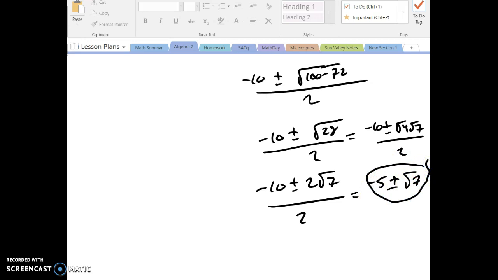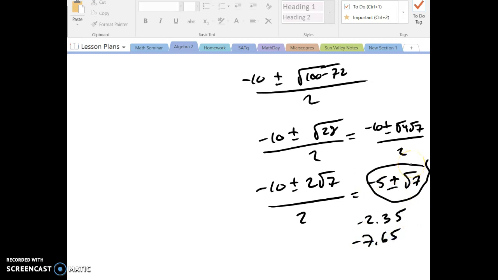So if I was going to use this on my paper and I was going to try to work backwards, I'd actually just put this in the calculator. So I would find the decimal. So it is negative 2.35 and negative 7.65.